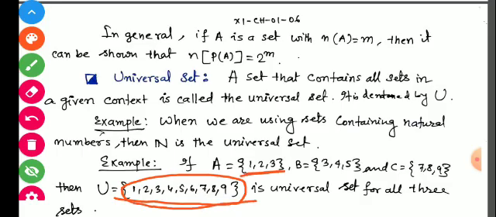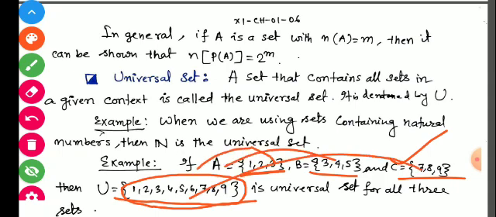Here we have separately 1 2 3 as one set, 3 4 5 as set B, and 7 8 9 as set C. So all these sets are contained in the universal set, so it's called the universal set U.